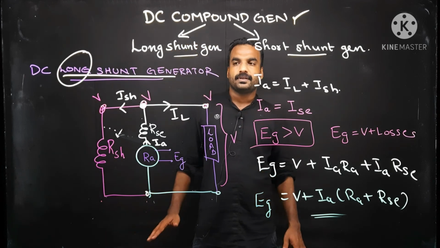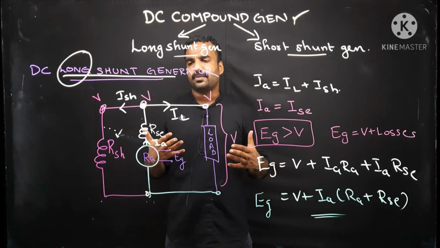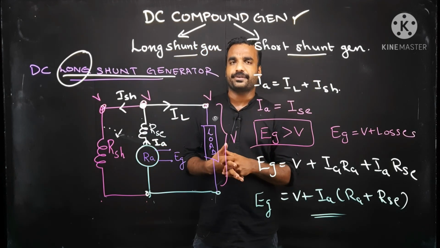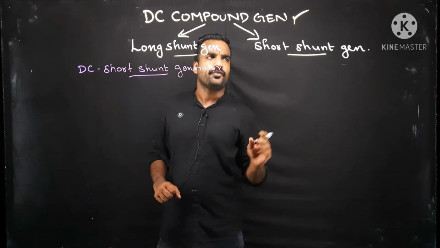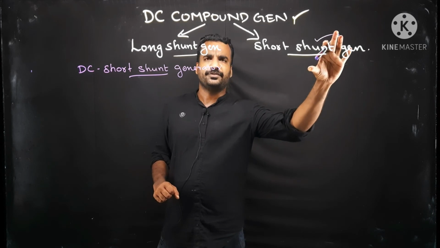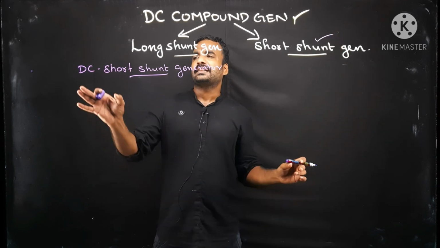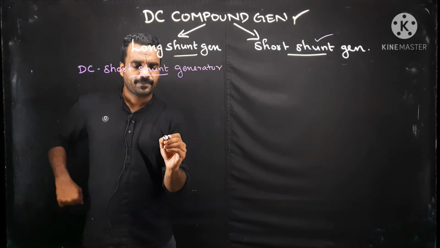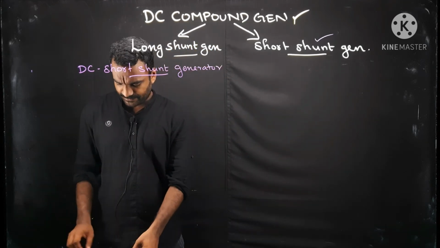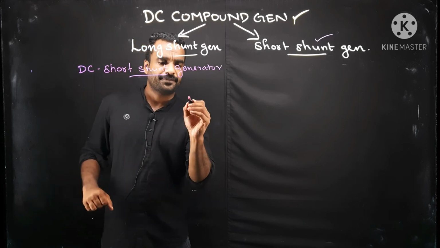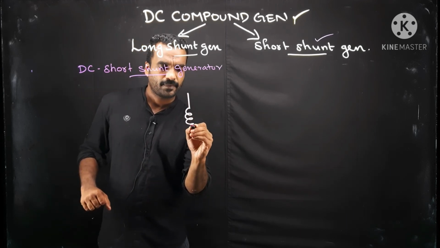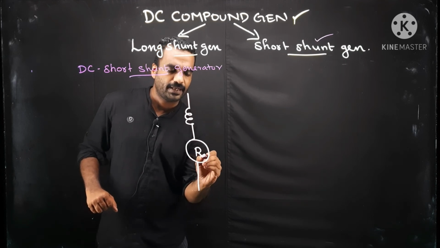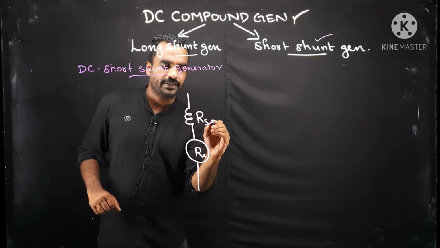Okay. Now we will move to DC short shunt compound generator. We are now looking into the second classification of DC compound generator, that is the DC short shunt generator. So here the things are very interesting. We know that this is the armature winding RA and this is the series field.